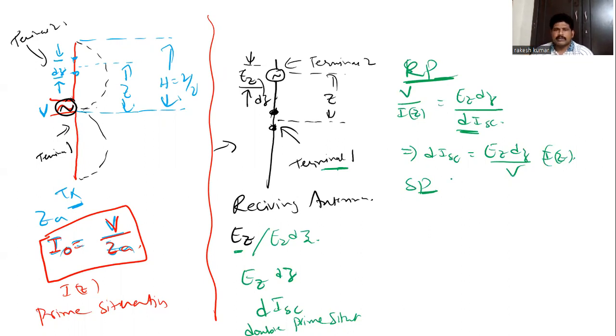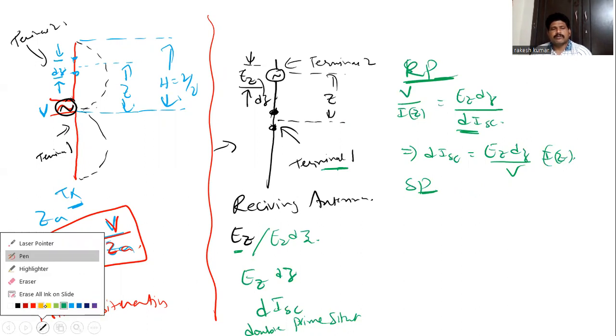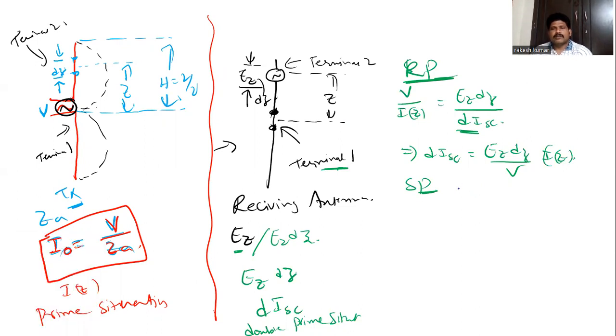Hence we can write I_SC is equal to 1 by V integral of E(z) I(z) dz.